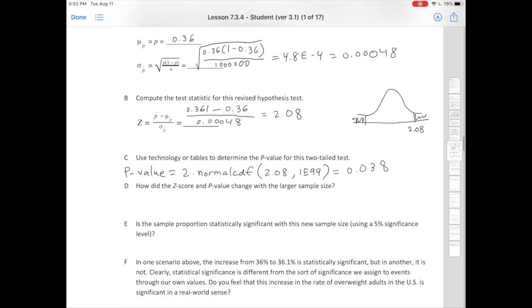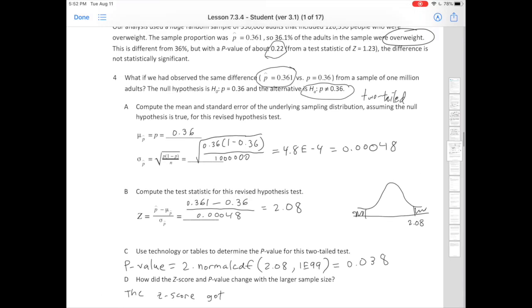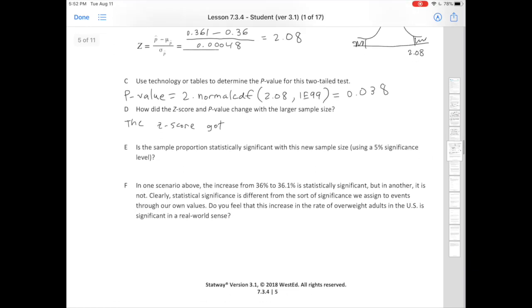So let's write that down. Also the z-score got bigger, didn't it? Because look, the z-score is 2.08, and before it was 1.23, right? Okay, so the z-score got larger, and the p-value got smaller.